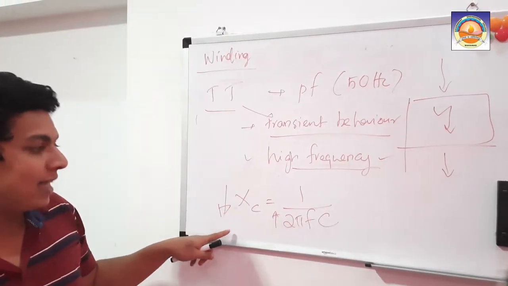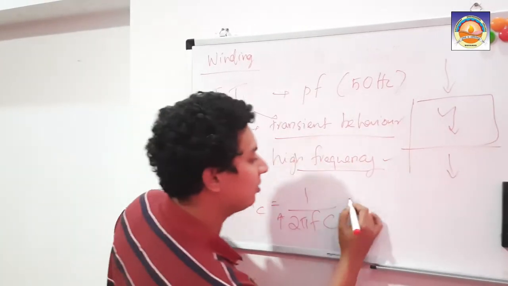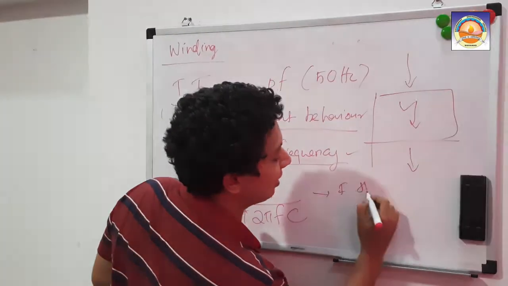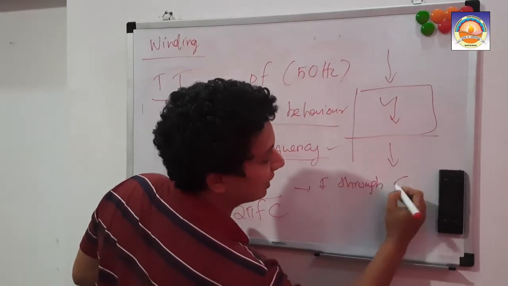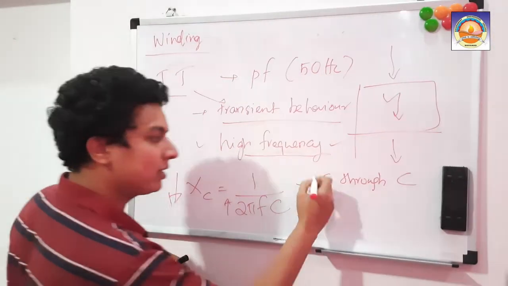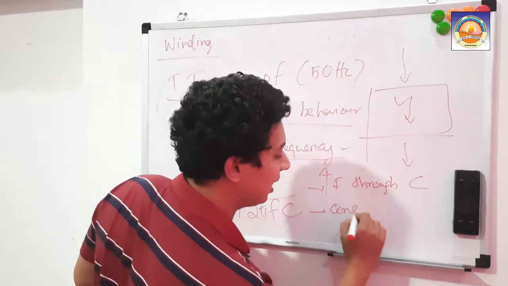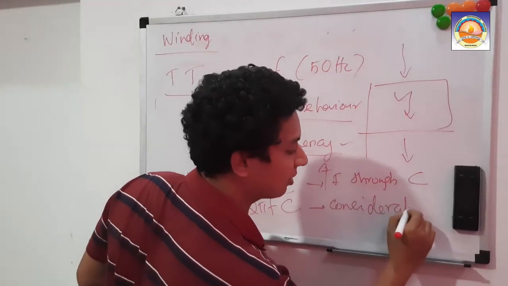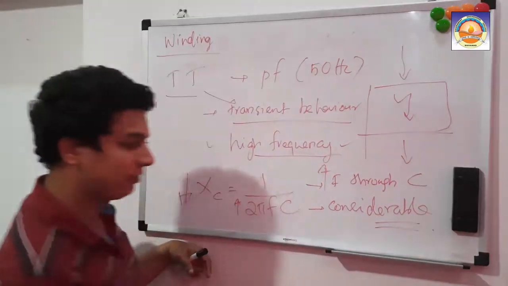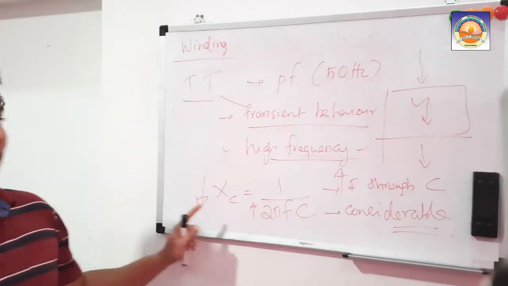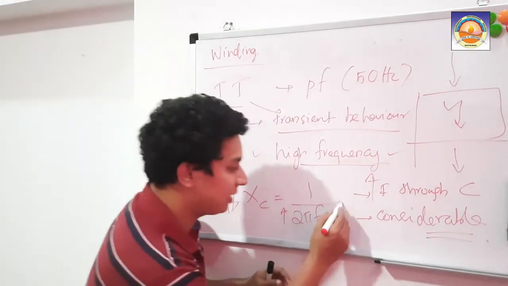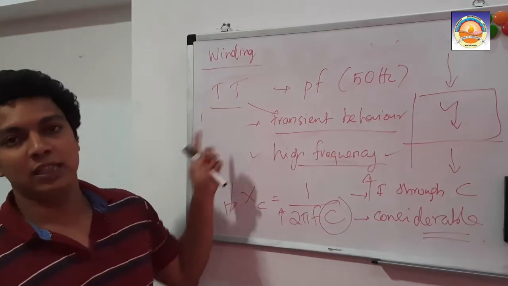When your capacitive reactance is decreasing, the current through the capacitor will increase, and because of that it will become a considerable part of the total current. So that is why we have to consider the capacitance part in our testing transformer.